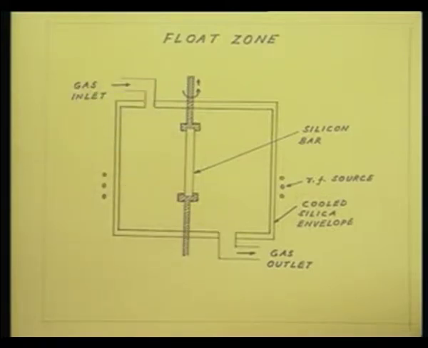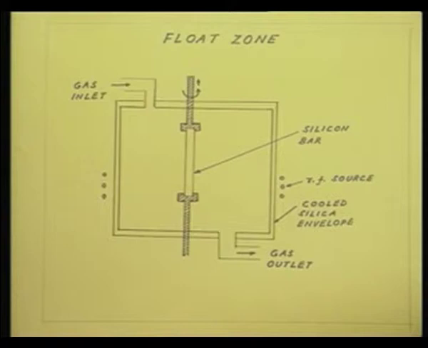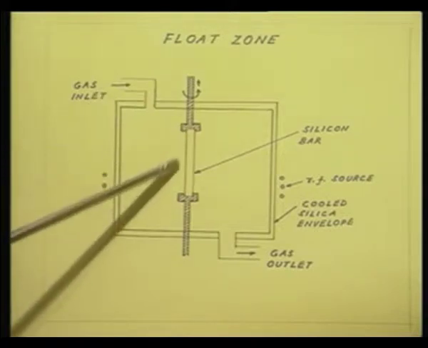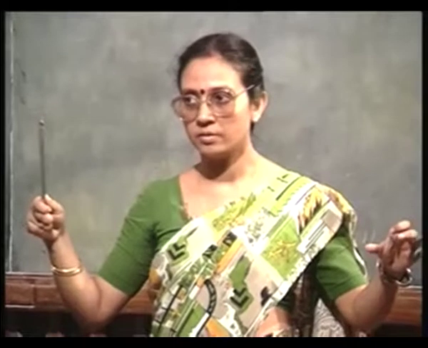Obviously, an inert ambient has to be provided, much like in Czochralski. Now, in this cooled silica envelope, you hold a silicon bar vertically like this. Therefore, you see you need a very expensive starting material. You need a silicon bar, a rod of silicon.